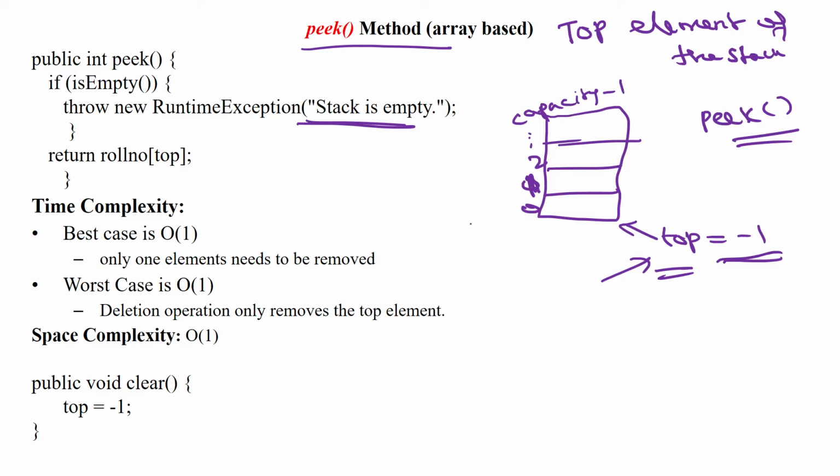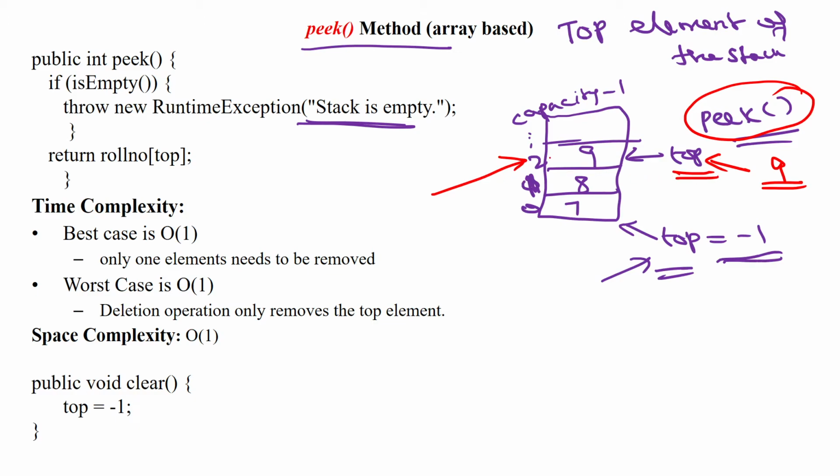Otherwise, if I have the data 7, 8, 9, the top is indicating the top element 9. Whenever I call the peek method, it will return the top element of the stack, 9. Here also the top variable directly accesses the top element of the stack.